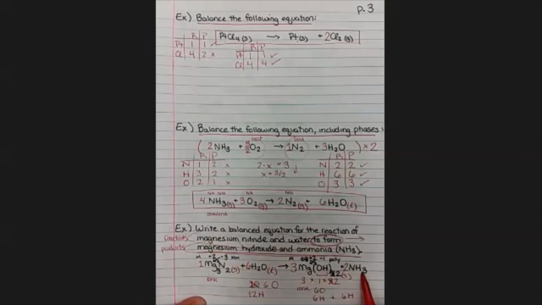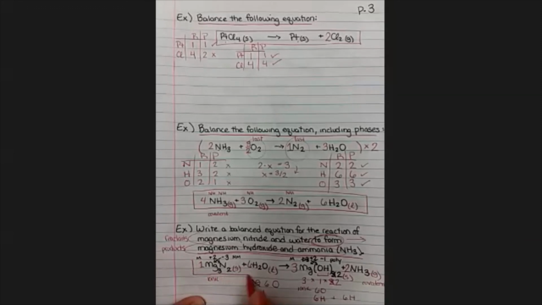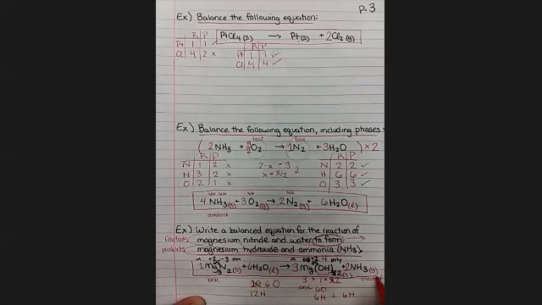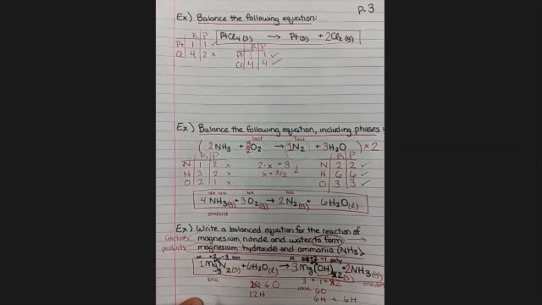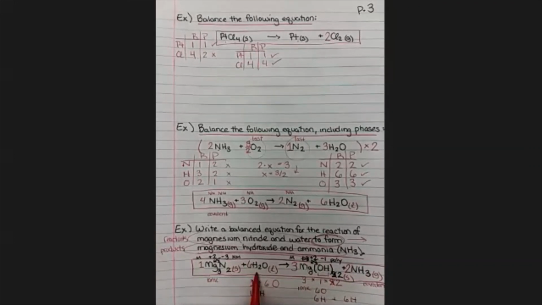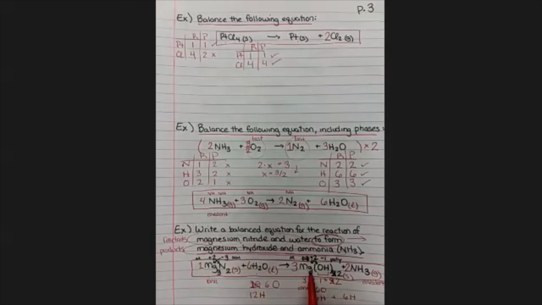And ammonia we used in the previous problem, and we labeled it as a gas because that is a covalent compound. So there, amidst all of that mess, we have our balanced equation. 1 magnesium nitride solid plus 6 water as a liquid produces 3 magnesium hydroxide solid and 2 ammonia gas.